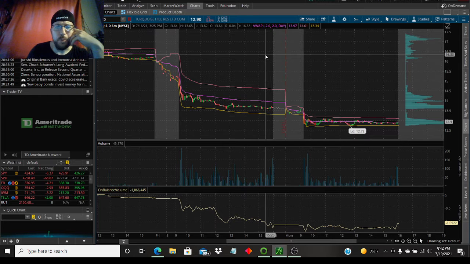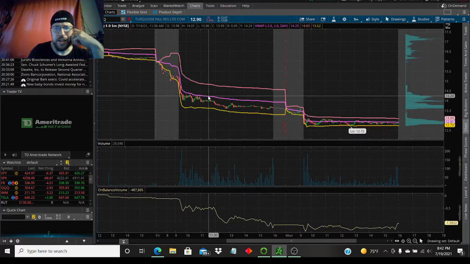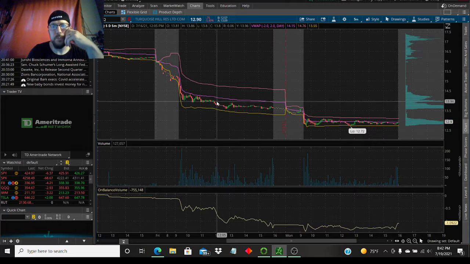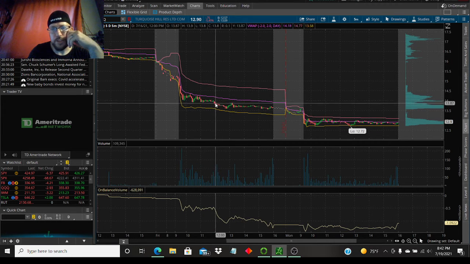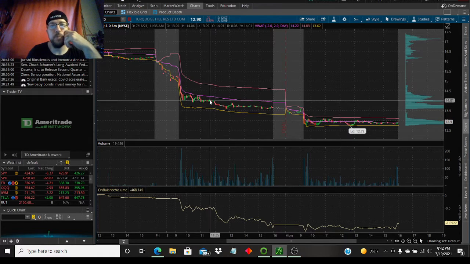So that's one thing I'm going to be looking at, because when it's slanted down, that means people are getting less interested in it. People are selling more at lower prices, so that's going to bring the VWAP down more.